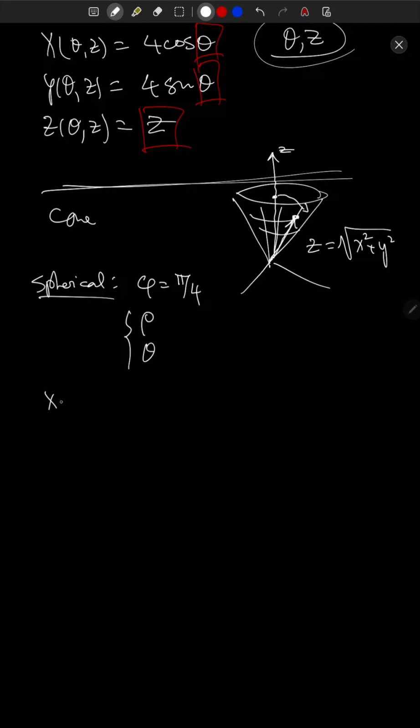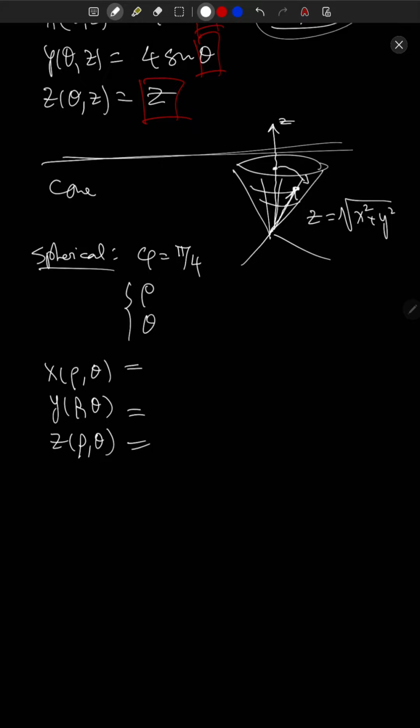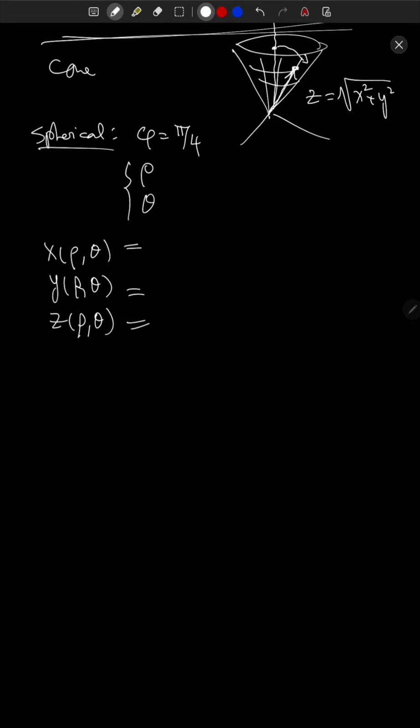So we can parameterize this using spherical coordinates, using rho and theta naturally. Our parameterization would be x of rho, theta, y of rho, theta, z of rho, theta, and we just copy down the formula from spherical coordinates, except we know that phi is always pi over 4.